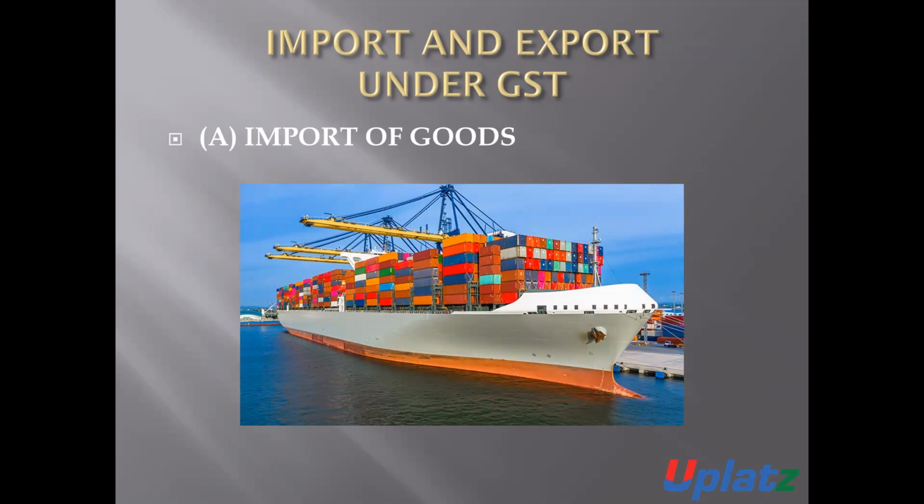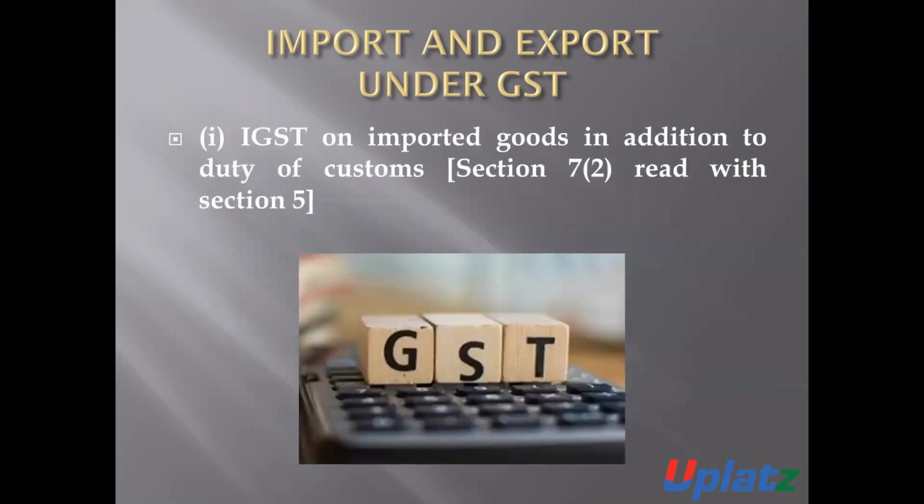Now we will discuss the import of goods. What is the import of goods and the provisions relating to the importation of goods under the GST. Number 1. GST on imported goods in addition to the duty of custom.